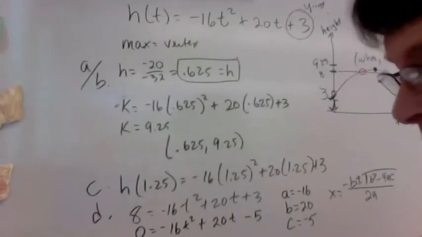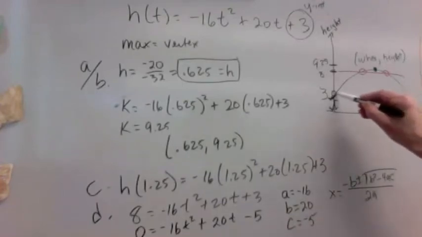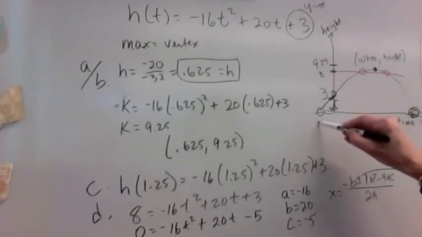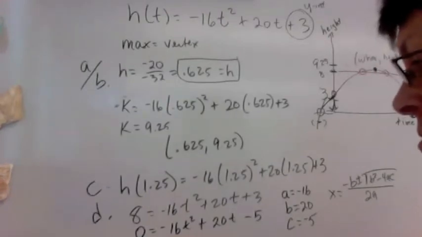E, the last one, asked how many seconds it took for the ball to hit the ground. Well, hitting the ground is where the height is equal to 0. So that's that point right there. The other place where the height is equal to 0 is over here, but that's a negative time, and that doesn't exist in the real world. So we're only interested in the positive value. Once again, height is 0.